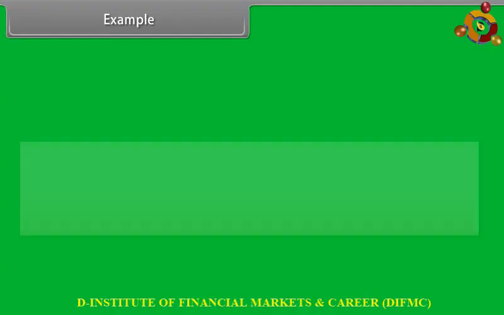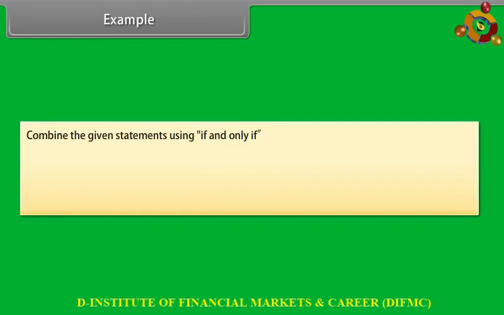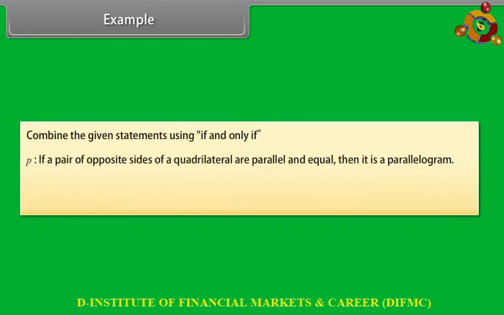Example. Combine the given statements using if and only if. P is a statement that if a pair of opposite sides of the quadrilateral are parallel and equal, then it is a parallelogram.